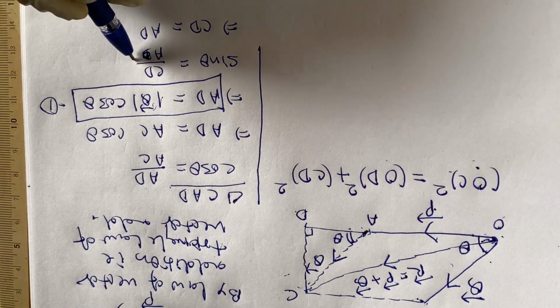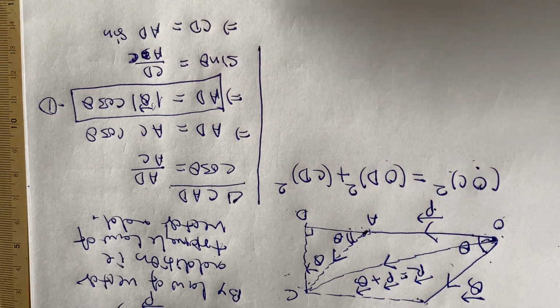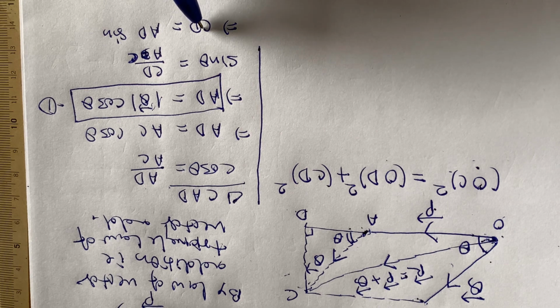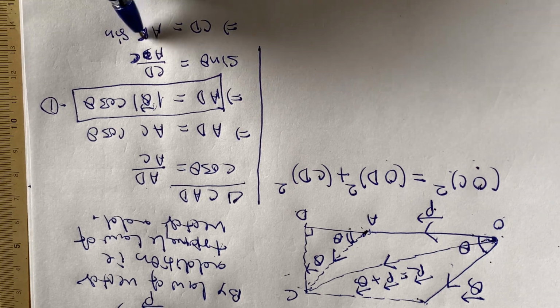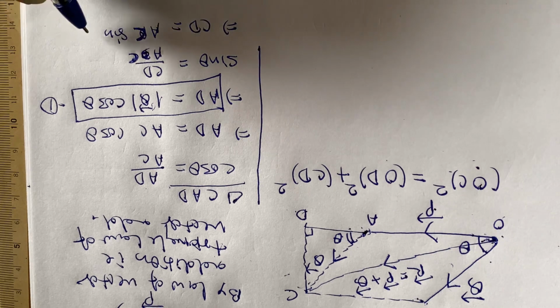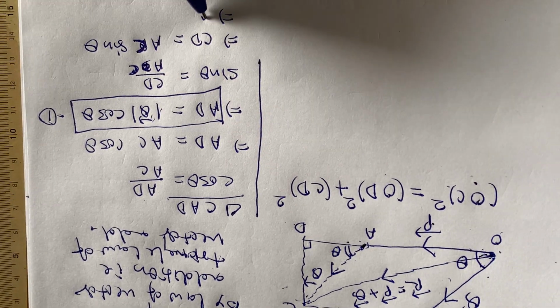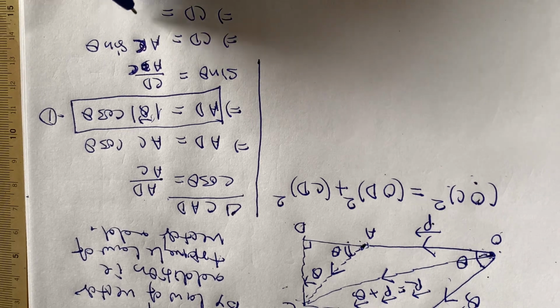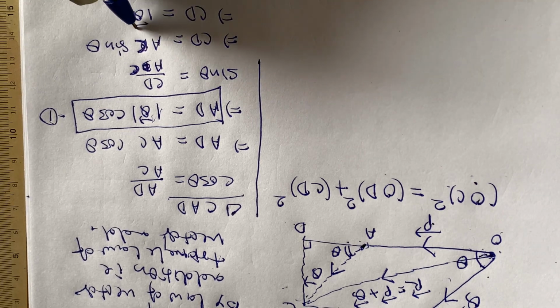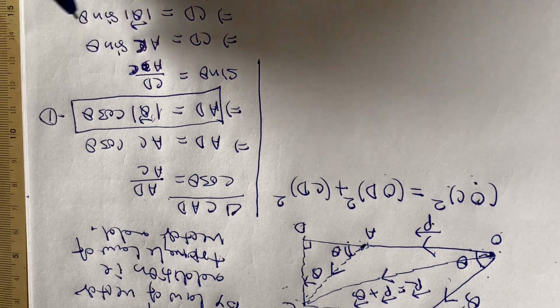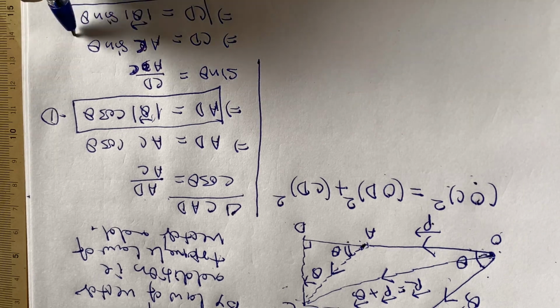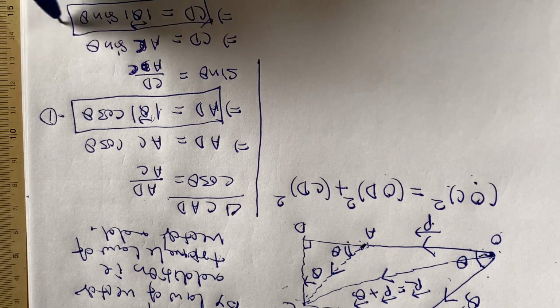So CD will be AC sine theta. And AC is nothing but magnitude Q, so CD is magnitude Q sine theta. Let us say this is equation number 2.